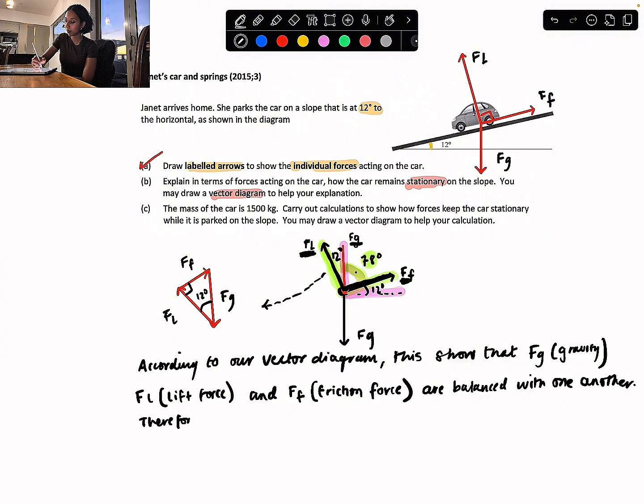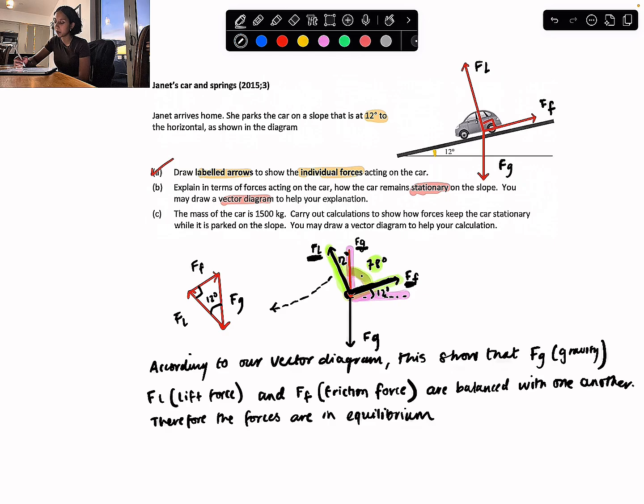Therefore, the forces are in equilibrium. Okay, so because of this, the car is stationary on the slope.